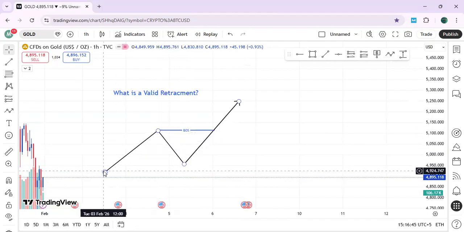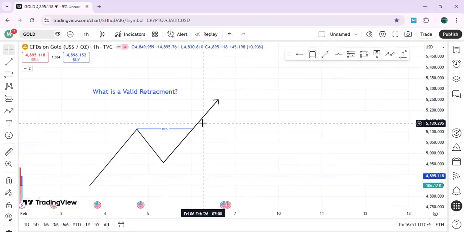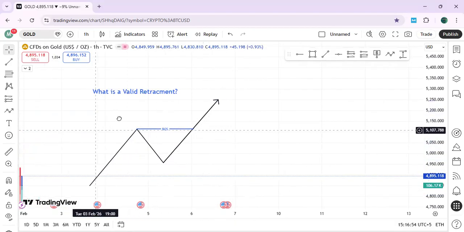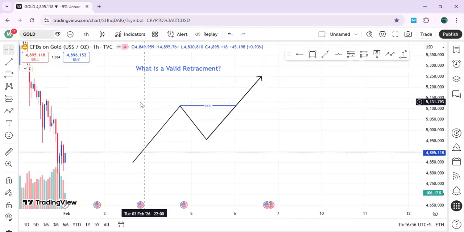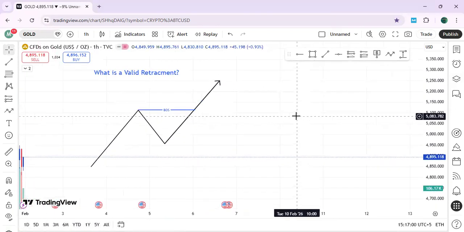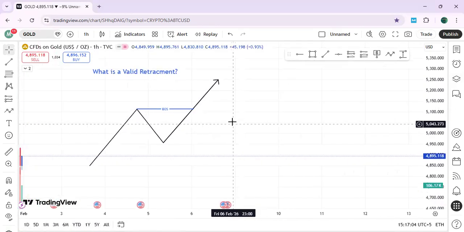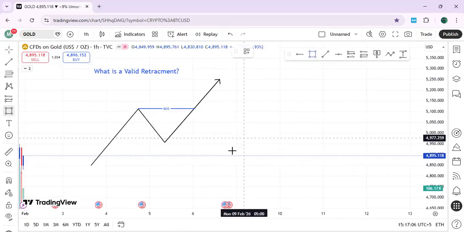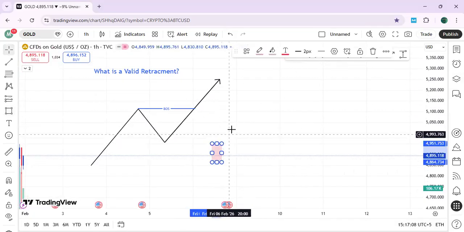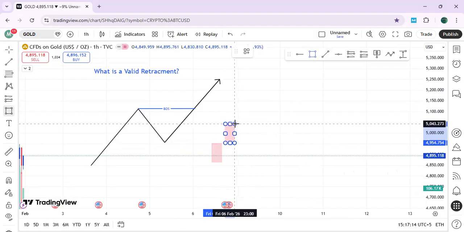So what is a valid retracement? Okay. For a valid retracement, first of all, we should know about candlestick patterns, like whether a candle is an independent candle or a dependent candle. Just see, the market is moving up in that way.